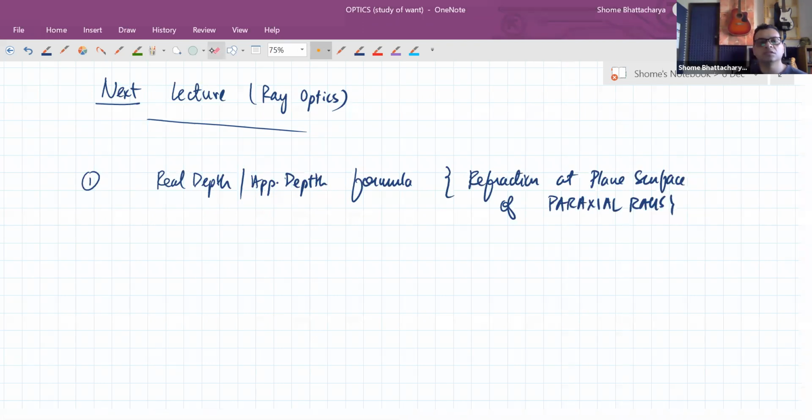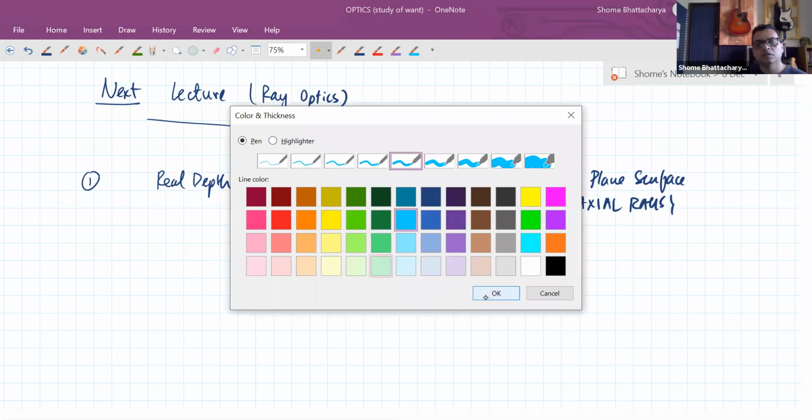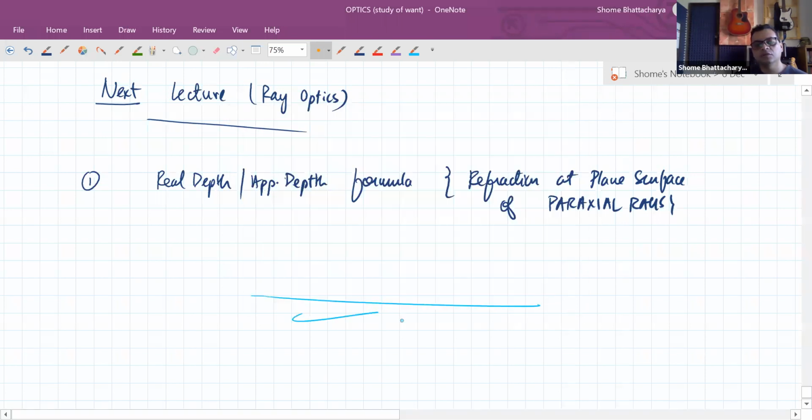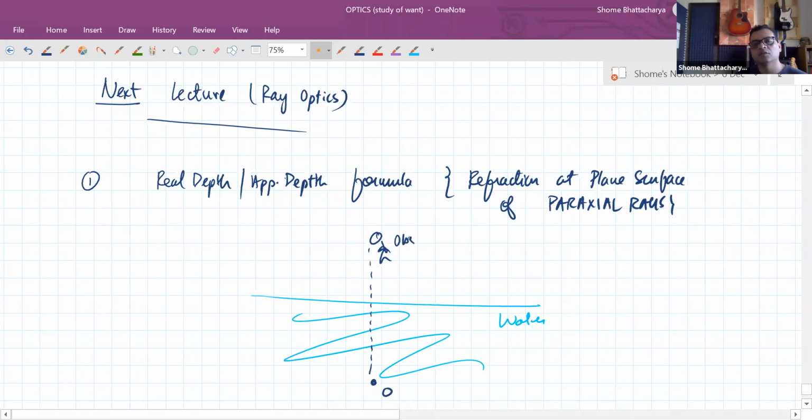Okay. So this is the phenomenon whereby, for example, if you're looking at an object which is underwater, but you're looking from directly above, so the observer's vision is of what we call paraxial rays, that is the rays which are nearly parallel to the principal axis. These rays produce an image which is somewhere here.